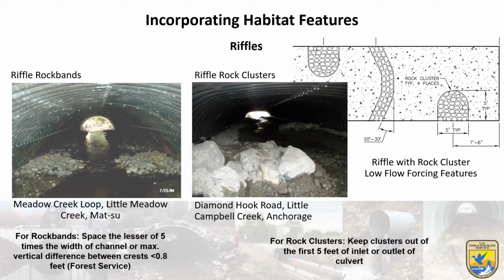Little Campbell Creek varies quite dramatically in terms of the flows that it experiences, and so these things get to be pretty dramatic in how they look. On the bottom here, the Forest Service has a few guidelines for rock band spacing and for rock clusters to kind of keep them out of the issues of the inlet and outlet, looking at the various velocities at those places, but also how much you need to keep things maintained over the years.